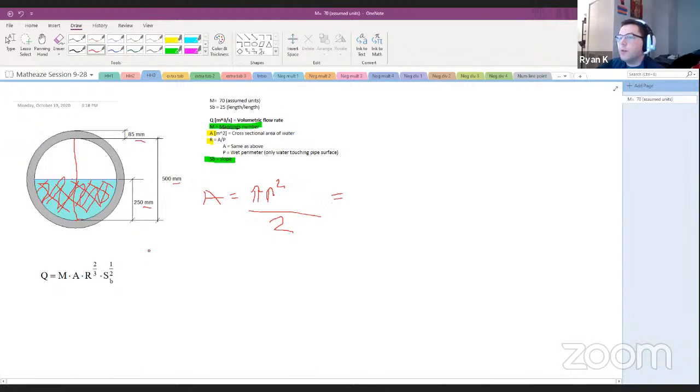To go from 250 millimeters to meters, that's just a conversion of 1,000. There's 1,000 millimeters in 1 meter. So that leaves us with 0.25 meters.